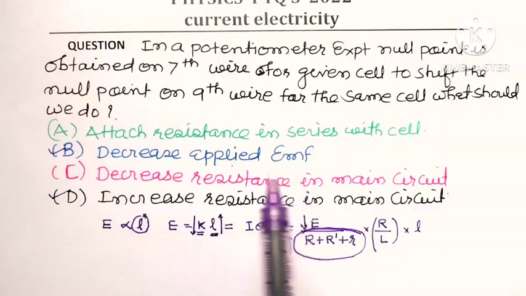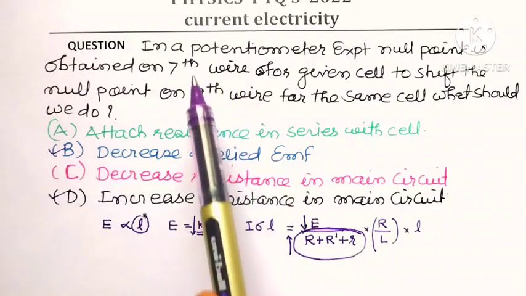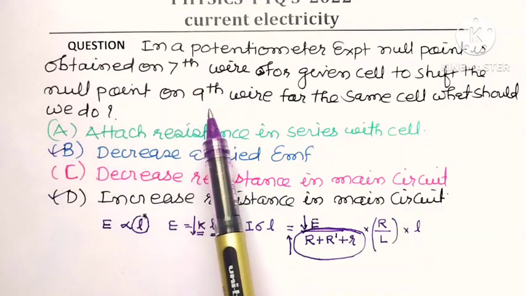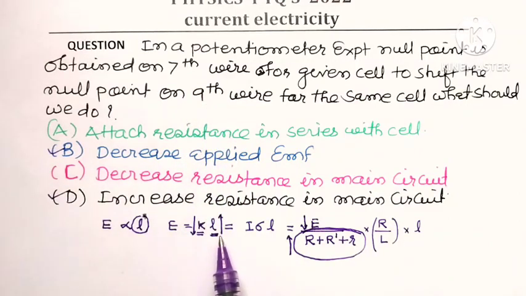So whenever we have to shift the balance point from the 7th wire to the 9th wire, it means we want to increase the balancing length, and this is possible only when K is reduced, because for a given cell we are not changing the EMF of the cell.